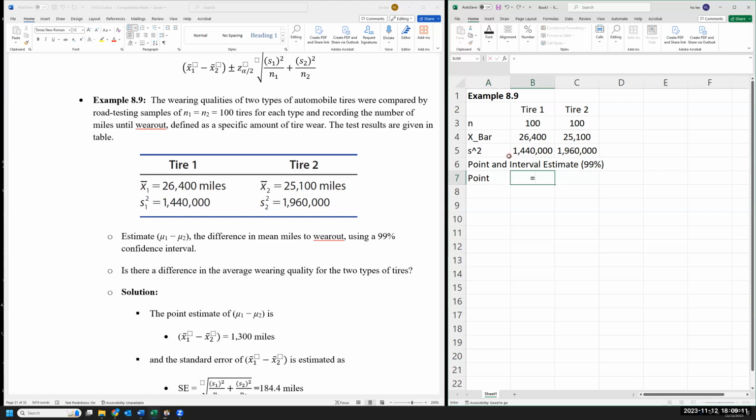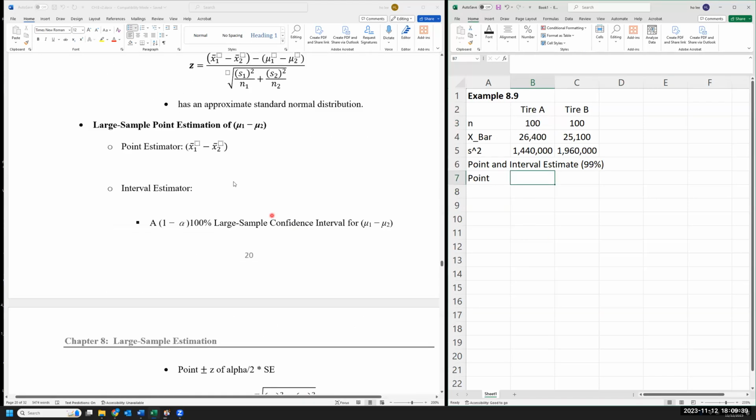The point estimate is just the difference in the sample means. Now, here tire 1 has 26,400 and tire 2 average is 25,100. If I label this tire A and tire B, you're like, okay, so which one do I call 1? The point estimate is the sample average of population 1 minus the sample average of population 2.